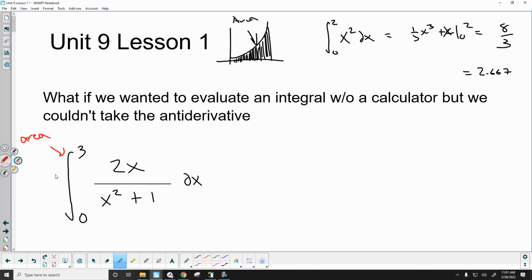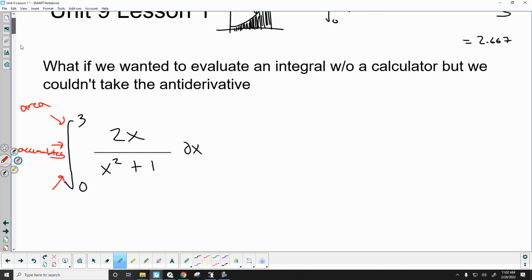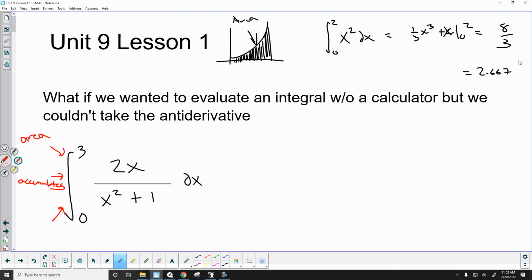What your calculator does to get that answer is it accumulates. How it does that, we'll find out by the end of class. What you did to get this answer, 2.667, is you took an antiderivative.